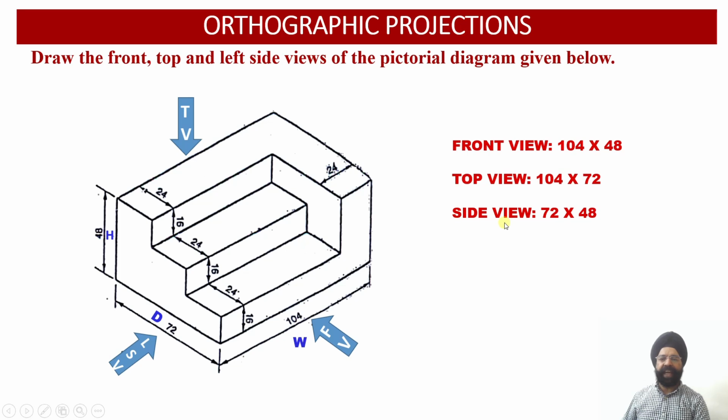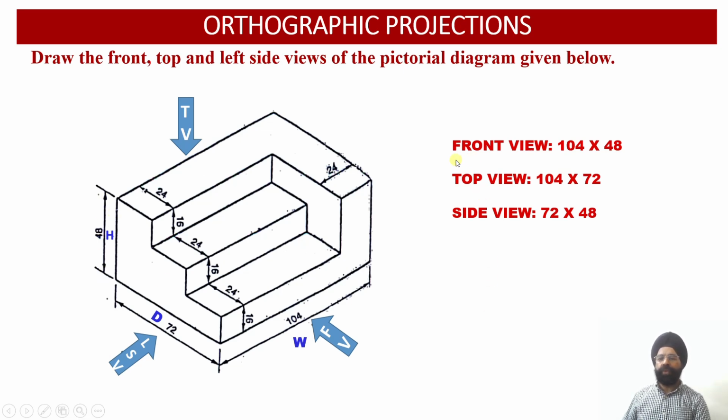And finally the side view. In the side view, we are able to get the depth of the solid, which is equal to 72 millimeter, and the height of the solid, which is equal to 48 millimeter. So the side view dimensions of the solid are 72 millimeter by 48 millimeter, right?